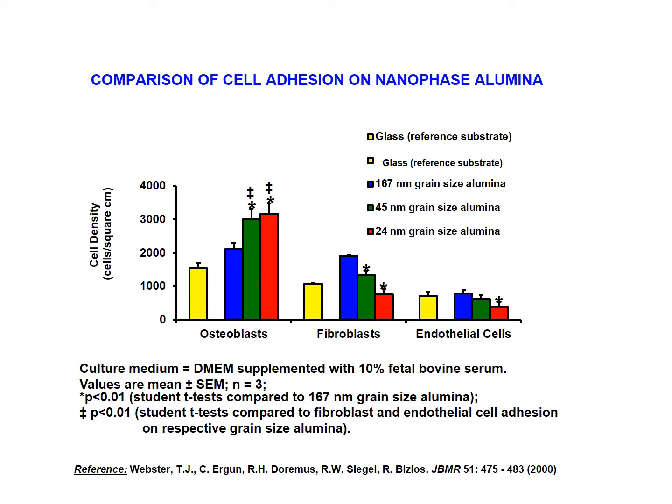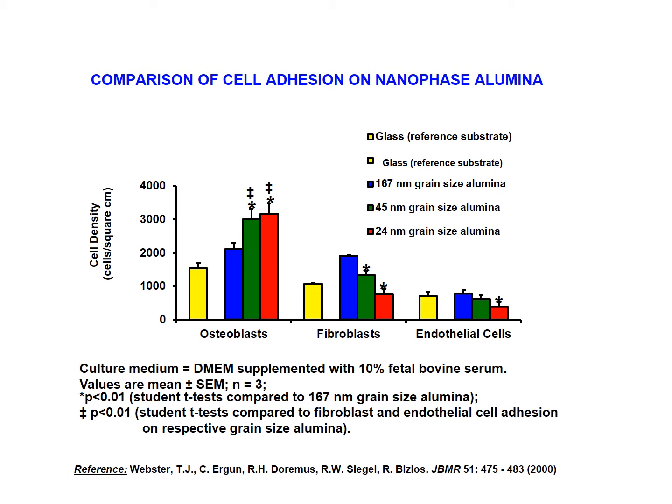Let us review the results of each one cell separately. What we see in the case of the osteoblast is that these cells interact adhesively with nanostructural materials independent of the grain size, and that of course result is enhanced in comparison to adhesion of osteoblasts on conventional ceramics.